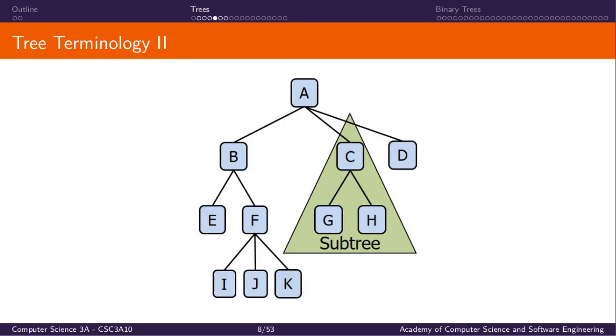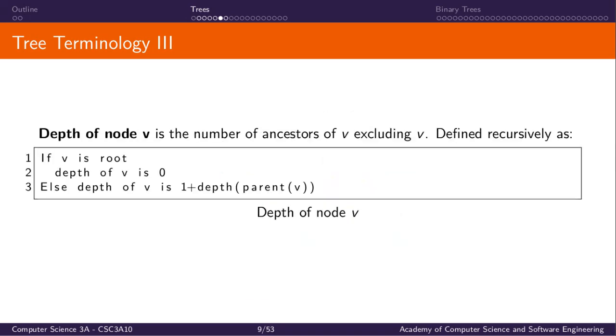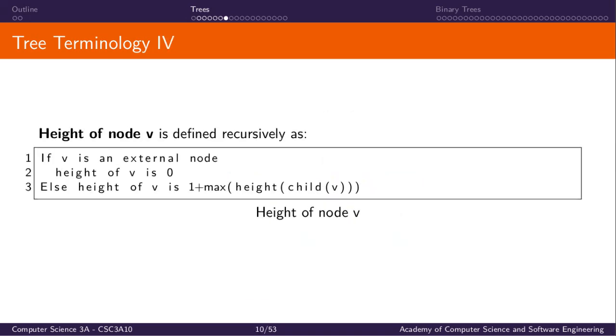So we take 1 plus the max of those, which gives us 2. Similarly, on the right, we have that D has a height of 0, C has a height of 1. Then A has 3 different children with heights going from left to right of 2, 1, and 0. The max of that is 2. So then the height of A would be 3. Okay, I trust that makes sense to us.